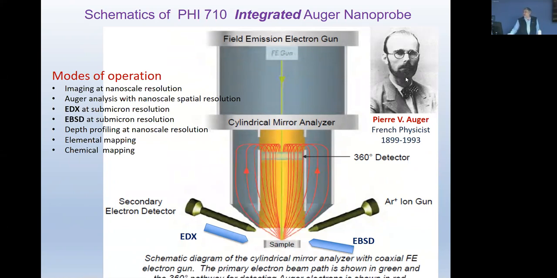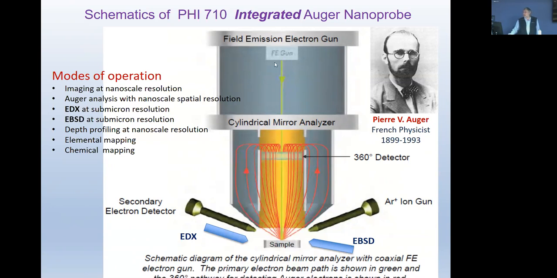The point of using this word integrated OHJ means that there are additional components attached to this system that makes it really a very powerful analytical tool. So I will go back to fundamentals to tell you why this is important.